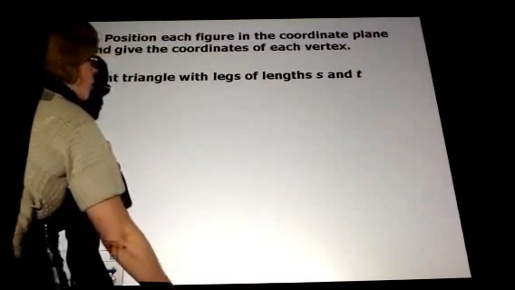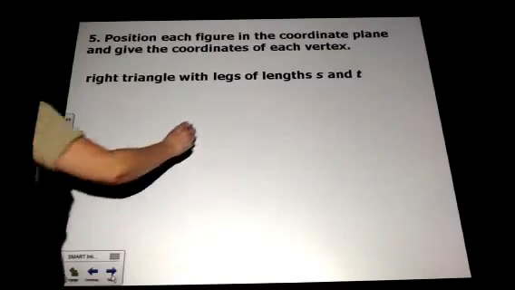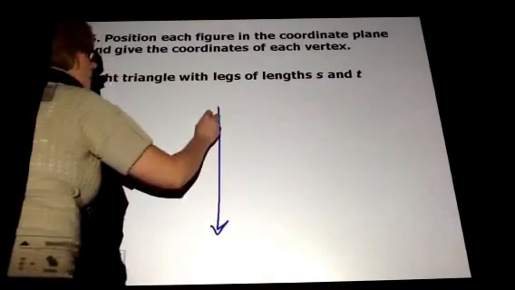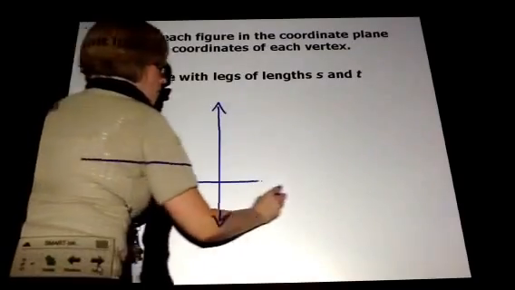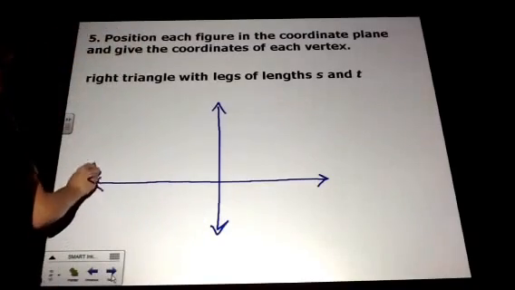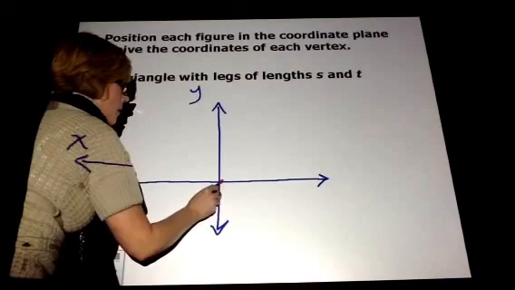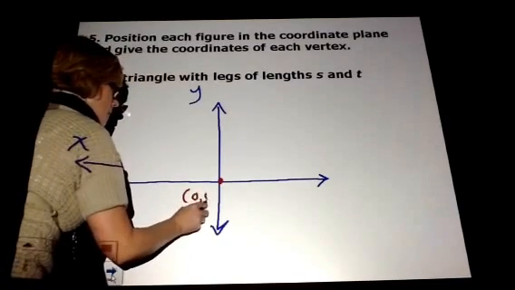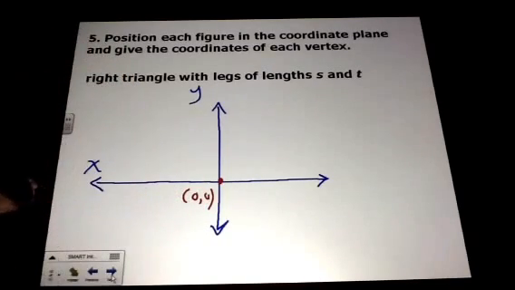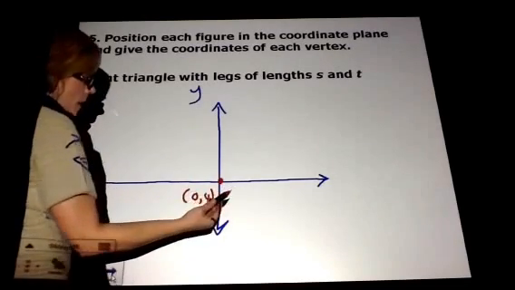Okay, now we're going to graph a right triangle. All right, remember, let's start here to get our right angle, with legs of s and t. Okay, does it matter which way you go?